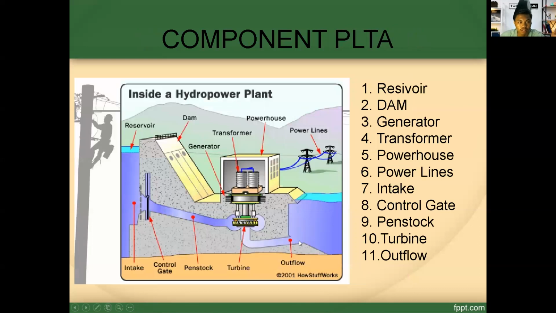Then, components of PLTA. Inside a hydropower plant, you can see a reservoir, dam, generator, transformer, powerhouse, power line, intake, control gate, penstock, turbine, and outflow.